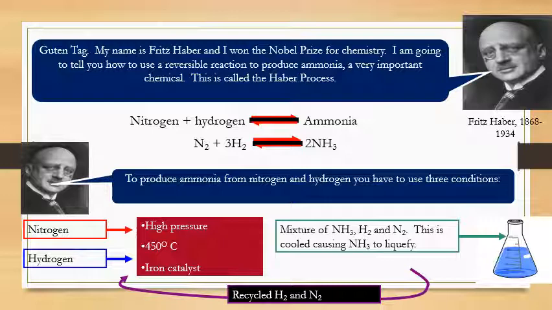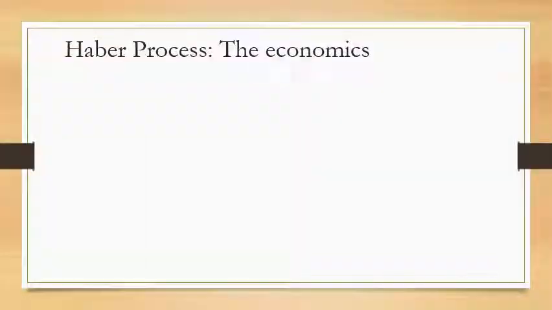So it's again increasing the concentration of the nitrogen and hydrogen on the left hand of the equation, again pushing the reaction to the right, forming ammonia. On the next slide, we're going to look at the different considerations required to consider the economics of the Haber process and why these particular three conditions are used based on both economics and on the chemistry.